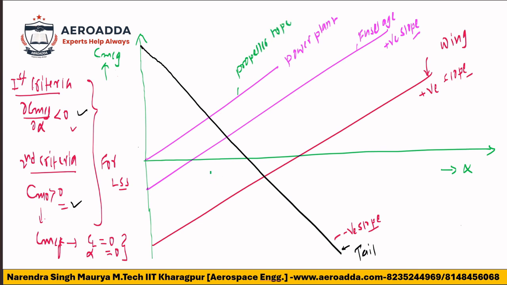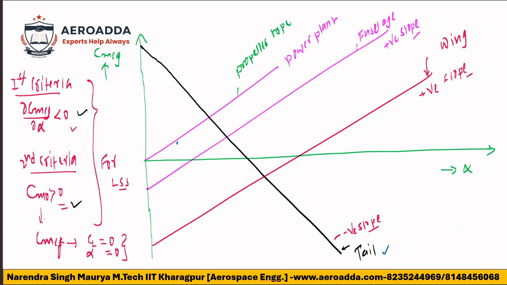Then overall, if you check the slope of the tail, which is the positive contribution for the aircraft, which is actually the negative slope, this negative slope, effect wise, is more than the other three, that is the power plant, fuselage, and main wing.